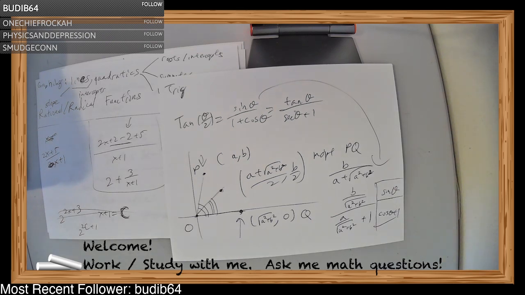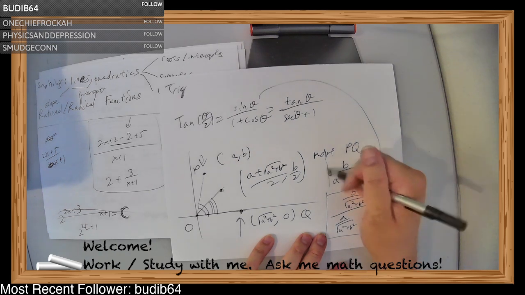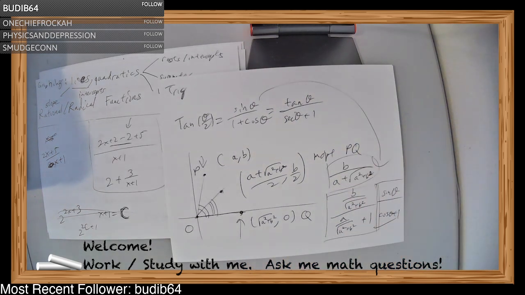Okay, so we get to here. That part's fine. Actually, no. I want to take this expression and divide by a everywhere.